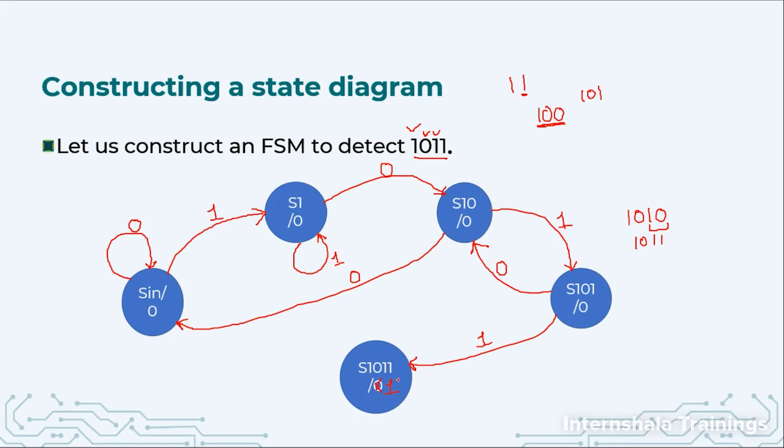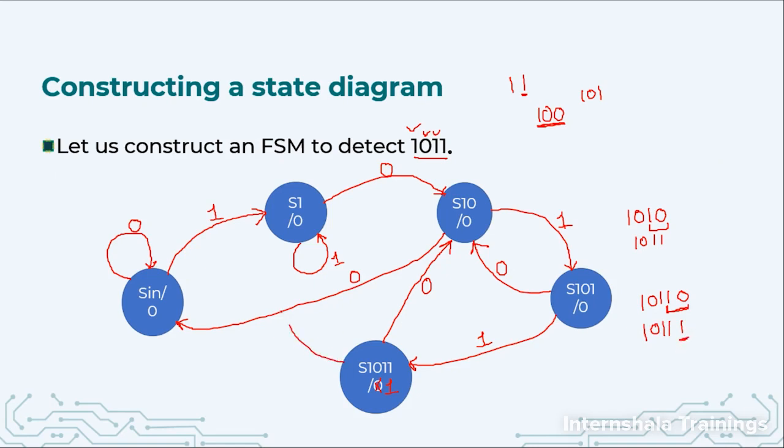Once we are at 1 0 1 1, the input will still keep on coming. If the input is 0, that means 1 0 1 1 0. This is still useful, so in that case we will traverse here. And if the input is 1, that means 1 0 1 1 followed by 1, then I can use this 1.